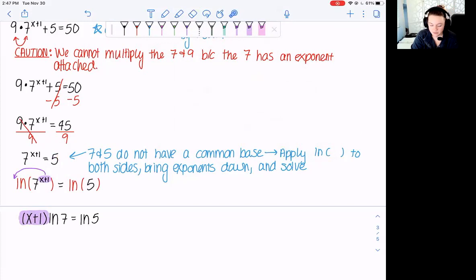We got to here, we applied ln to both sides, and then I used the logarithm rule that says if you have ln of x raised to the c, this is c ln x. It's that rule that says you can bring the exponent up or bring the exponent down. So I brought that exponent down and I have it in parentheses. It's really important that you do. If there's more than one part of the exponent, you need to bring it down with parentheses.